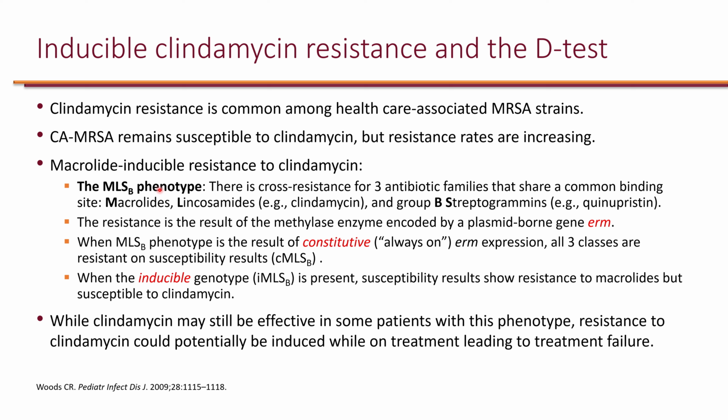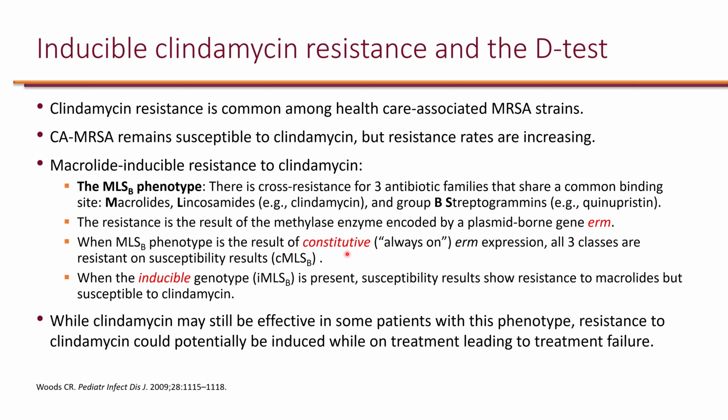And what that means is that the resistance is the result of an enzyme. So it's a methylase enzyme that's encoded by a plasmid-borne gene called erm. And so this gene needs to be active to produce this enzyme, which will break down all three of these classes, right? So this gene could just be always on.